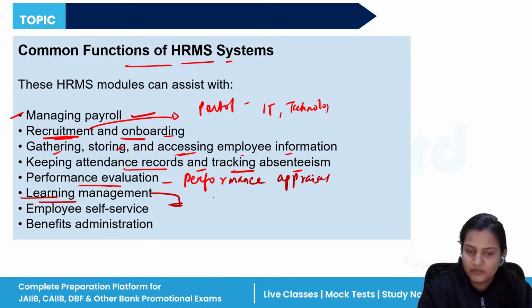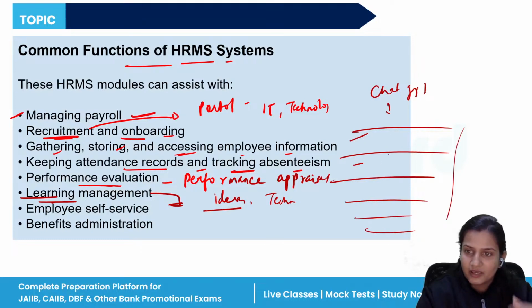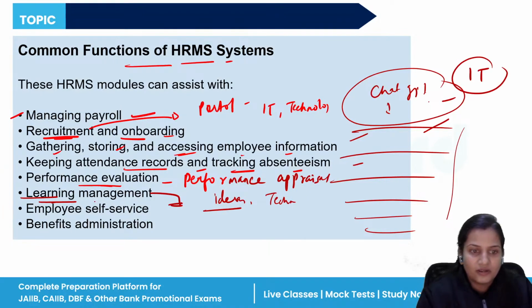If you learn from different fields and sectors, you get different ideas from various places, and those places will definitely have a kind of technology. Suppose you write anything on ChatGPT, it will give you numerous results related to that. If you are making your concept clear with ChatGPT, it means you are taking the help of technology. So, learning management, self service, and also for the benefit of administration.